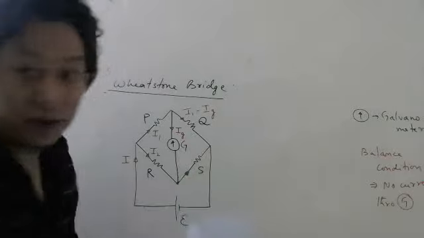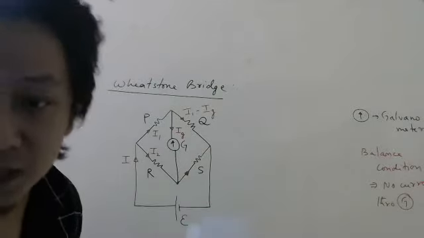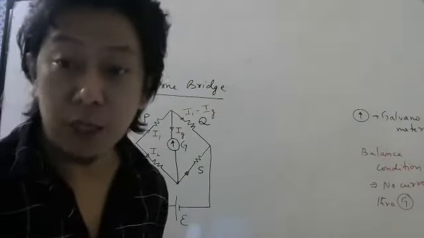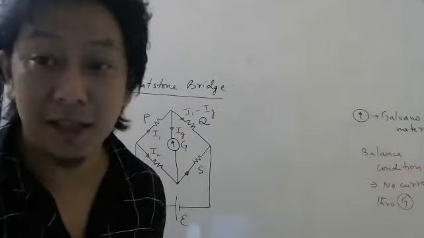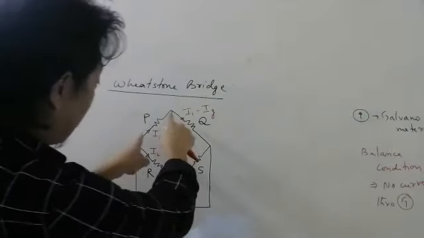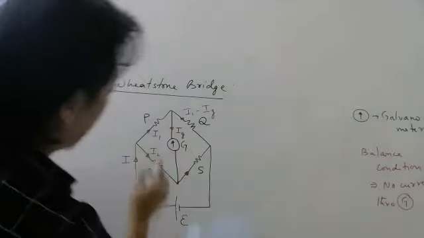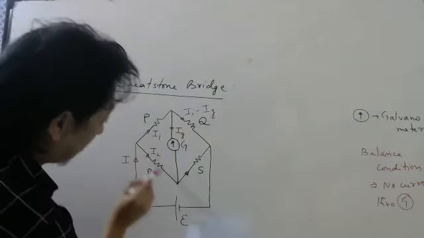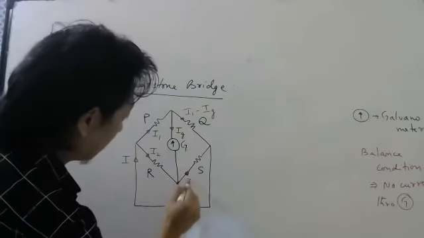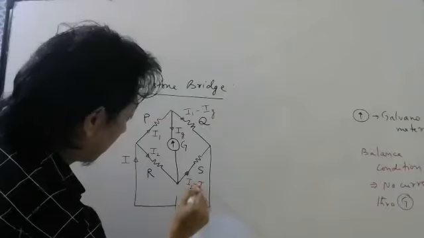So how much will go here? I2 plus IG. I hope you remember KCL. KCL says the sum of currents entering is equal to the sum of currents leaving. So if 2 ampere comes, 6 ampere comes, 8 ampere should go. I2 plus IG.